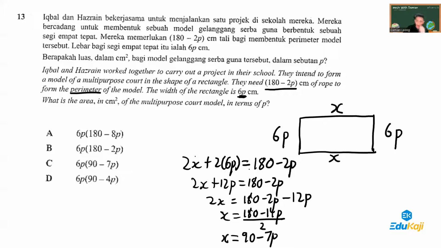So area of the rectangle would be the length times width. So it's 90 minus 7P times 6P, which is answer C. Okay, that's question 13.